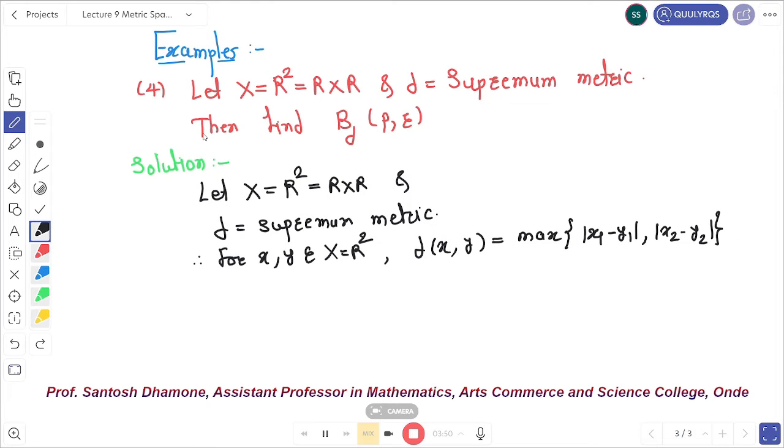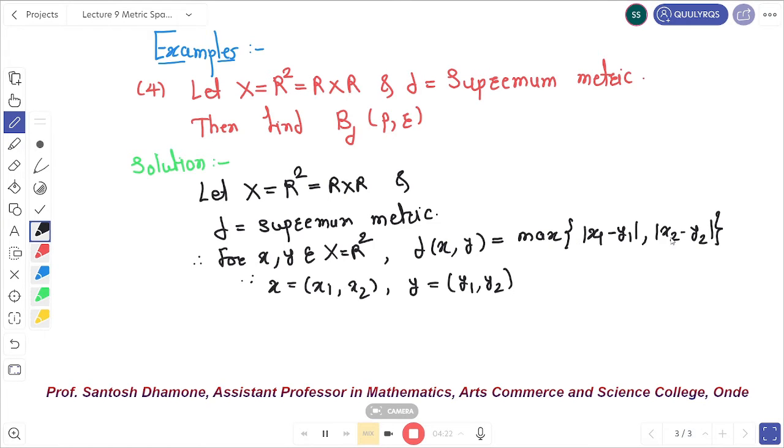Since x is equal to the ordered pair (x1, x2) and y is equal to the ordered pair (y1, y2) are points in R2, therefore the supremum metric is d(x, y) is equal to the maximum of mod x1 minus y1, mod x2 minus y2.